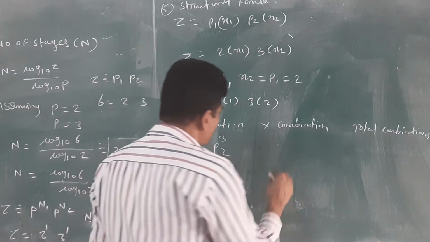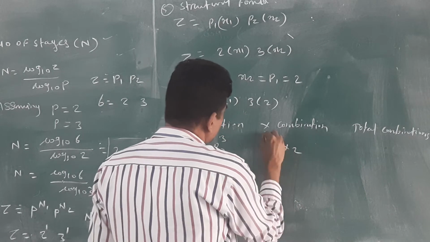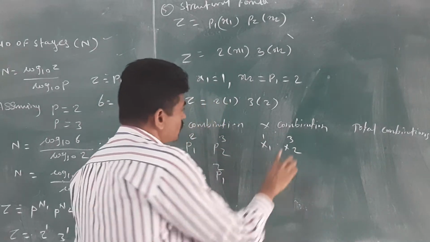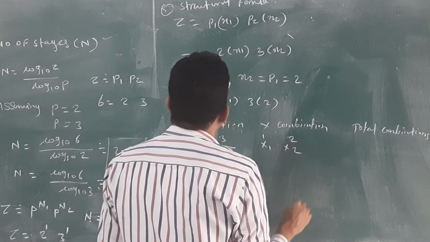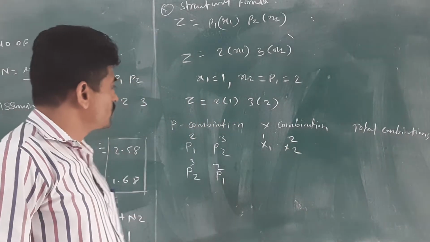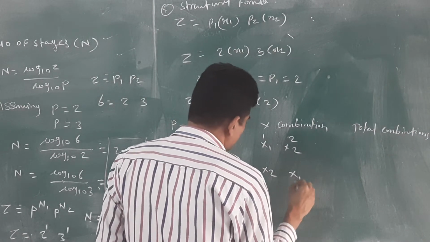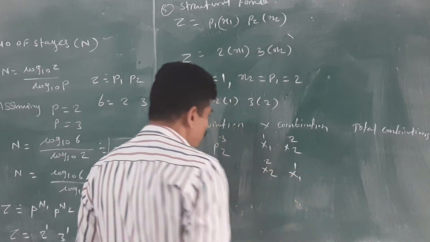But in the x combination we will check x1, x2. What is the value of x1? x1 is equal to 1 and x2 is equal to 2. Again, interchange the x2 and x1 places, then you will get 2 1.